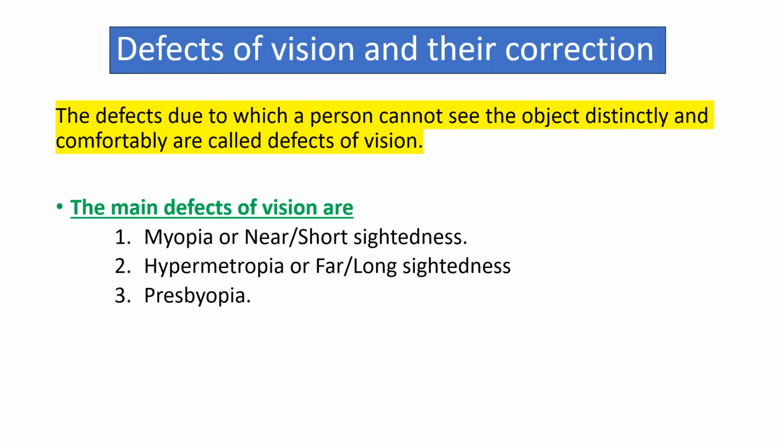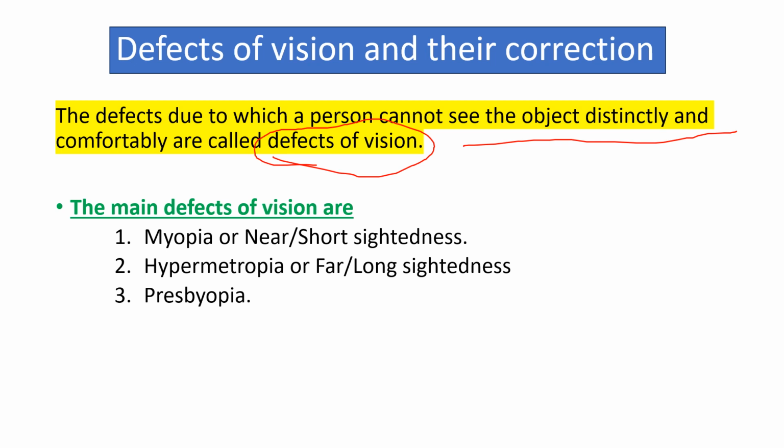Now, a very important topic we'll discuss, defects of vision and their correction. So students, the defects due to which a person cannot see objects distinctly and comfortably are called defects of vision.